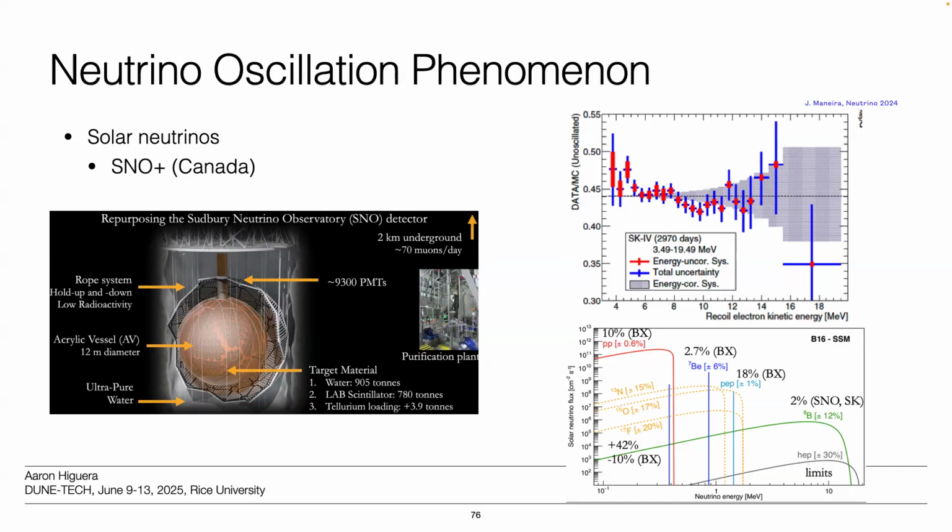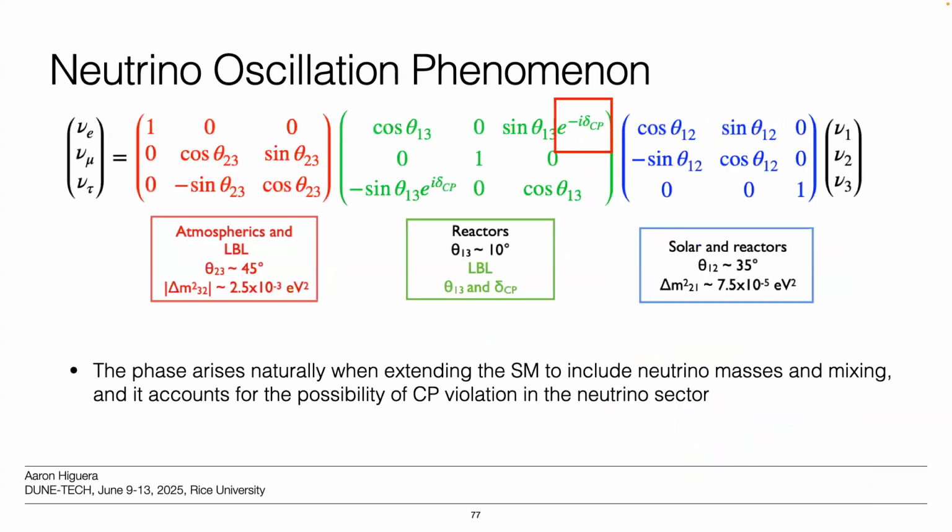We have innovation in technology that lets us measure the energy of the neutrino. This is the recoil electron kinetic energy, which is proportional to the energy of the neutrino, in MeV. And just by looking at this small percentage of the neutrinos coming from the sun, which is boron-8, this is a remarkable achievement in terms of neutrino physics.